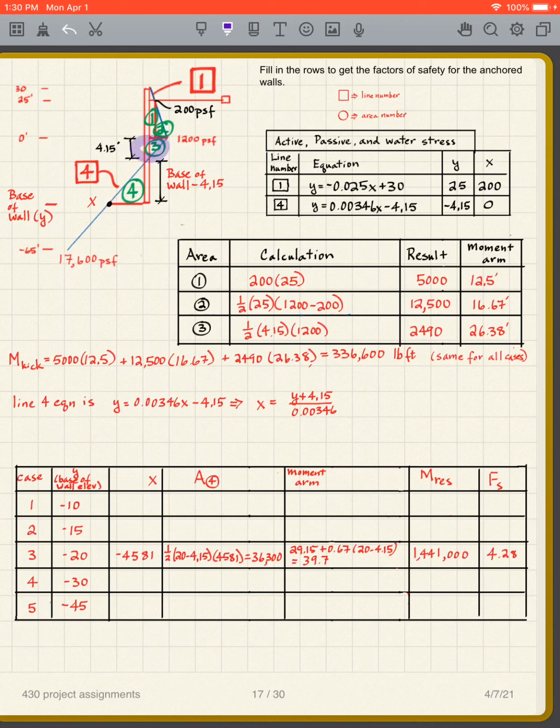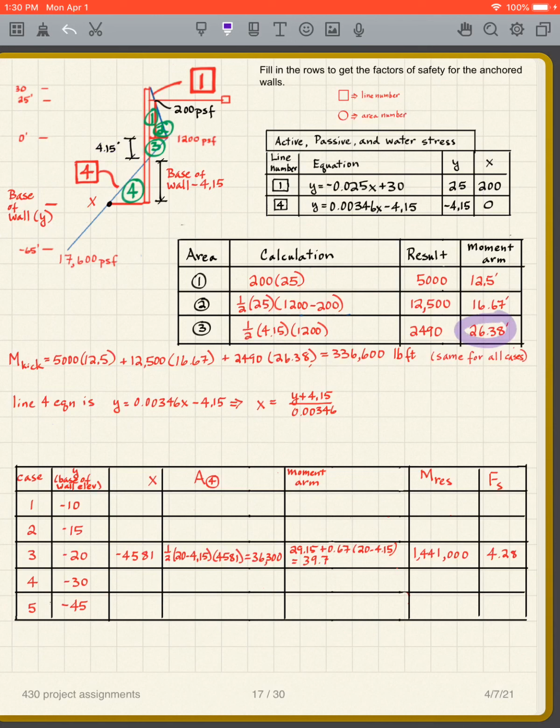And then for area 3, I know that the height is 4.15, the base is 1200, so it's going to be 1/2 times 4.15 times 1200, which is 2490.